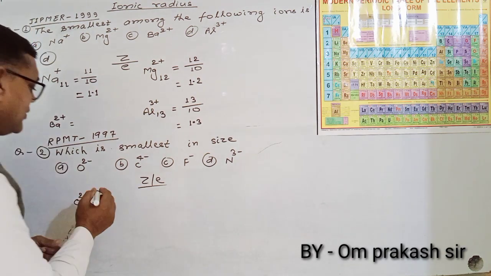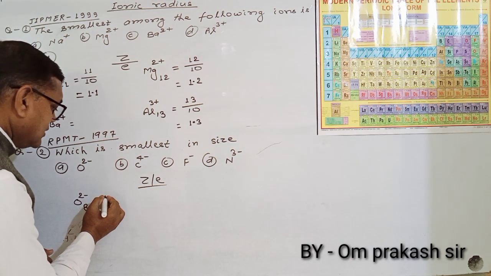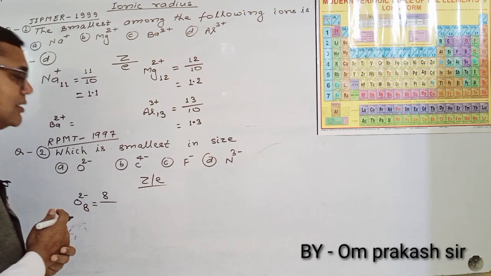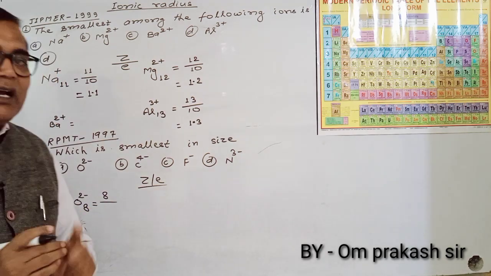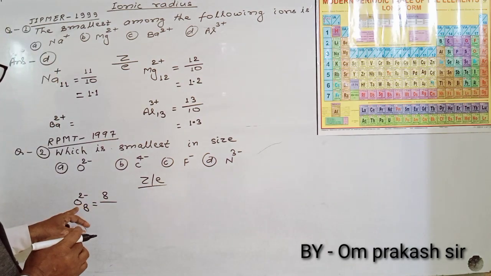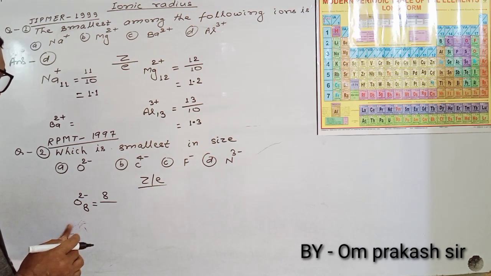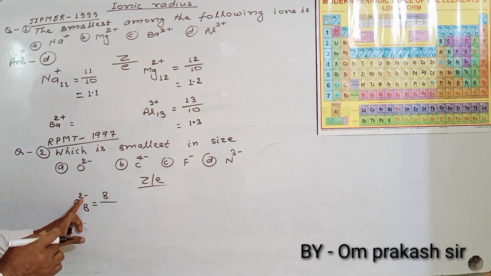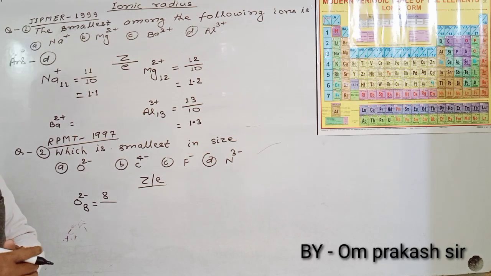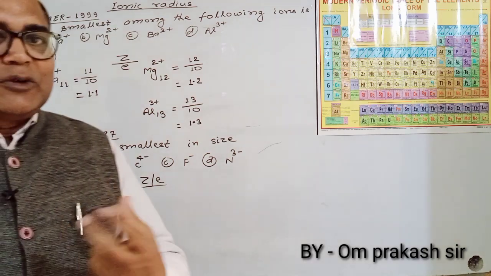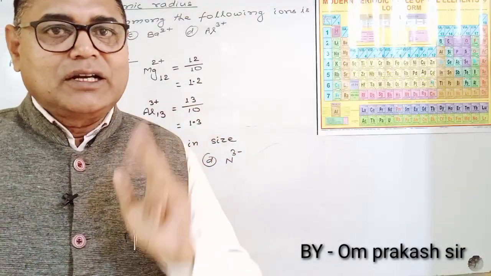Here we write 8. Now we calculate the value of E in oxide ion. 2 negative charge indicates oxygen atom accepts 2 electrons and converted into oxide ion.